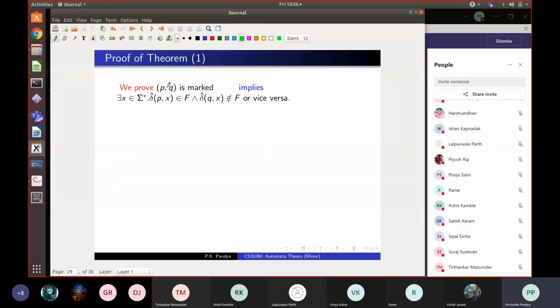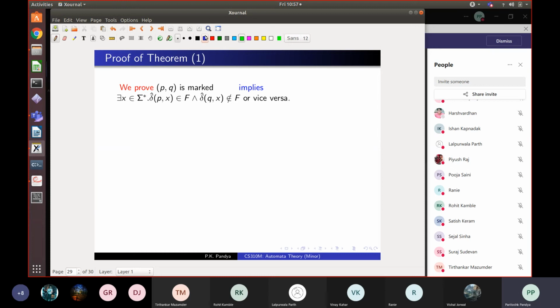In the first part, we'll say that if PQ gets marked in the algorithm, then there will exist some string X which will separate these states P and Q. That is, everything we mark is sound. If we mark a square, then there will definitely exist a string which will separate these. Do you see that obviously?